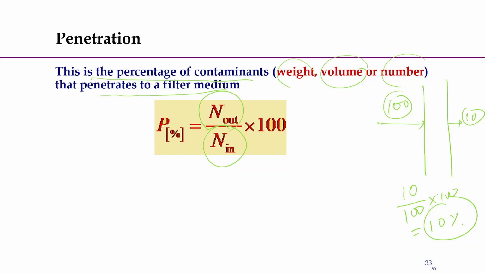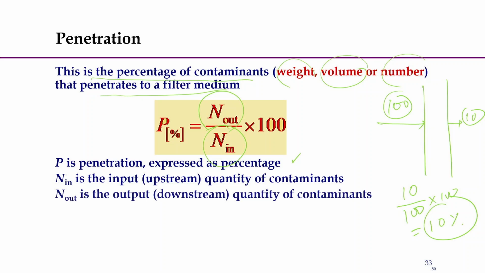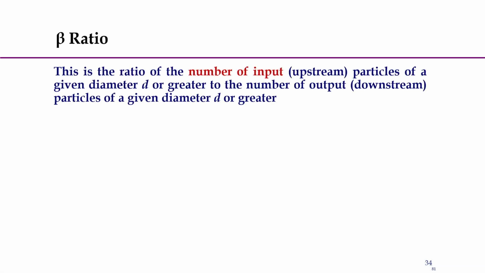Okay. So, from there we can get some relationship as a percent. N in is the upstream side quantity in terms of number, volume, weight, and N out is the downstream side contaminants. Next is the beta ratio. Beta ratio also tries to express the filtration efficiency.